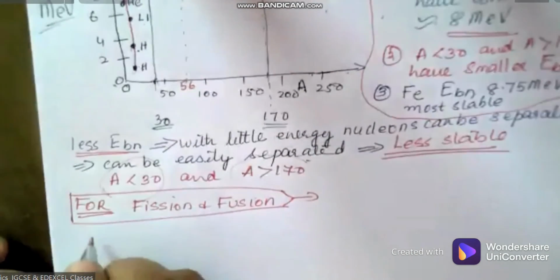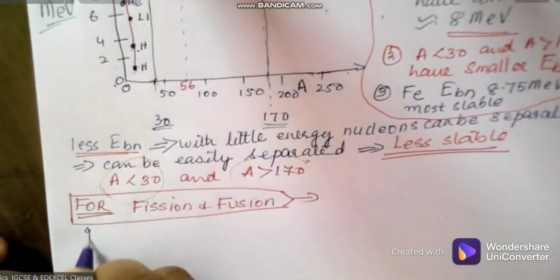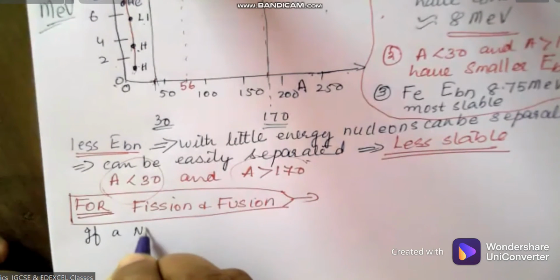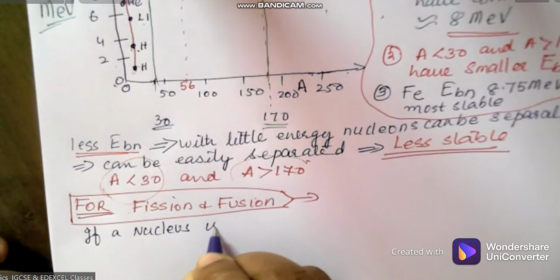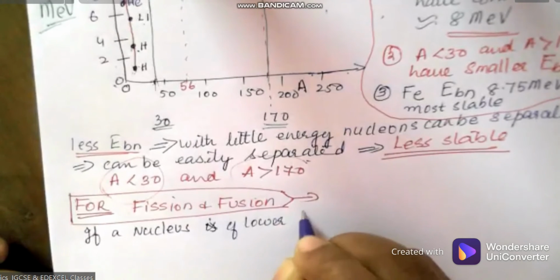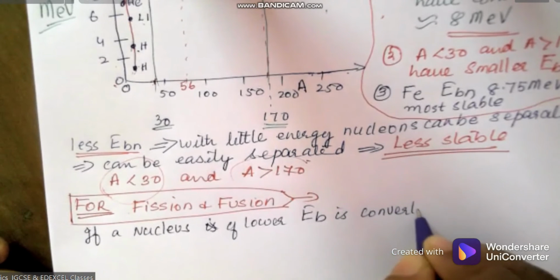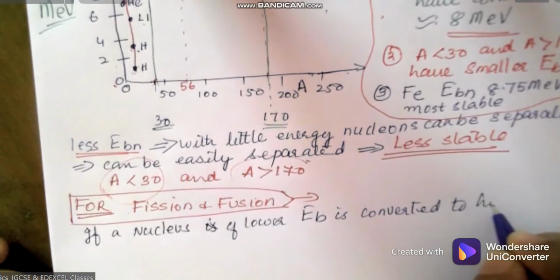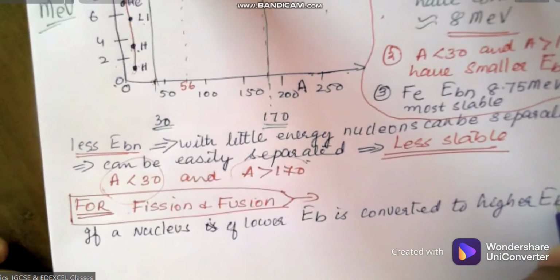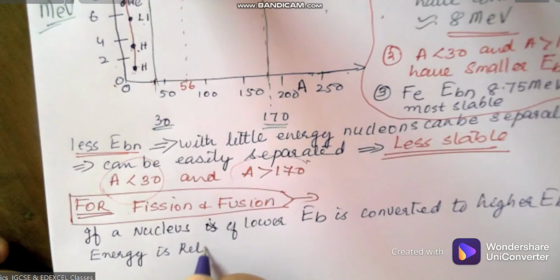If a nucleus of lower binding energy is converted to higher binding energy, then energy is released.